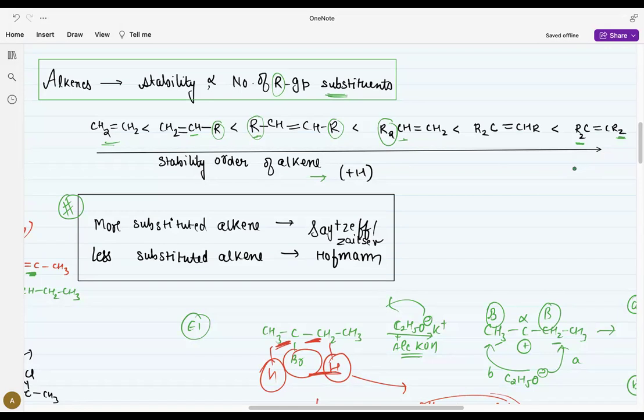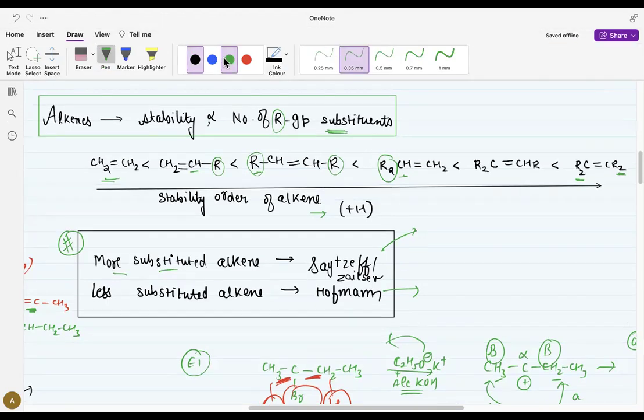Then just see beta, अभी देखें. I will give you time to write. See, if you have more substituted alkenes, these alkenes are known as Saytzeff alkene.